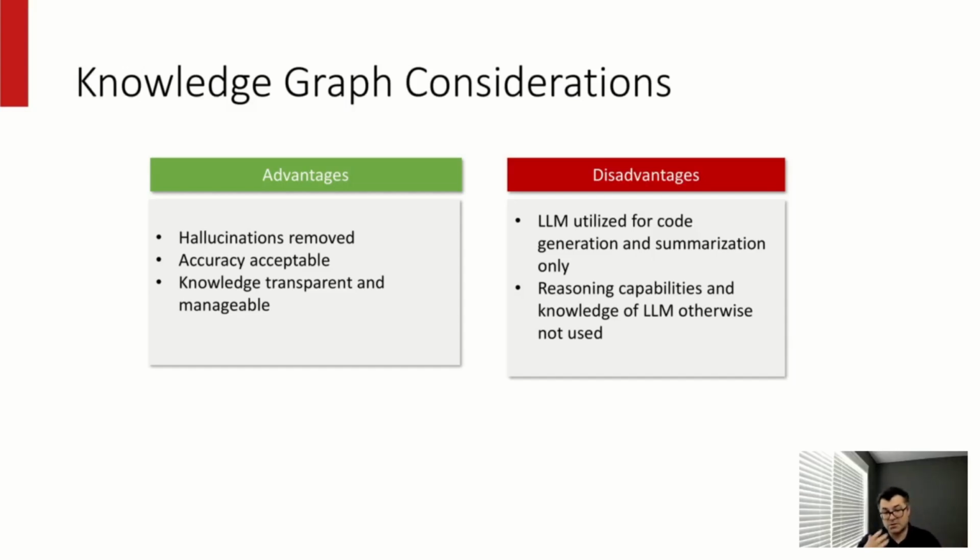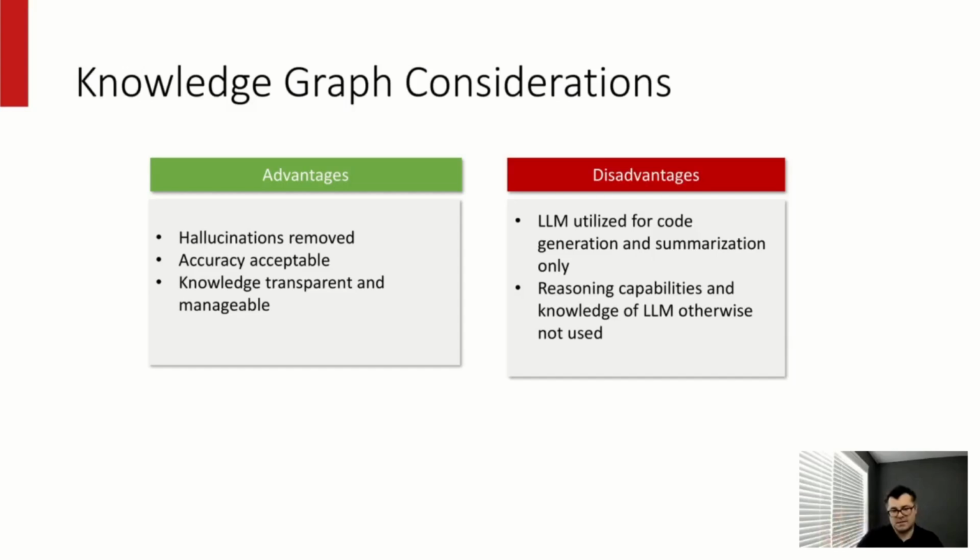And with the knowledge graph in place, we now have knowledge that's transparent and manageable. So we were able to address all of these issues. Accuracy is not perfect. There are still things that you can come up with, but with the proper guardrails in place, at least you can let the user know things like, oh, I'm not able to answer that question, or could you please reformulate? So you can catch a lot of things that way, and then the things that come back uncaught end up being a small fraction.